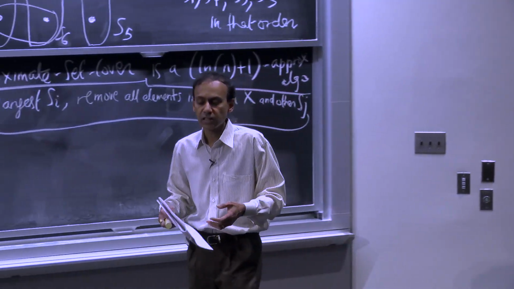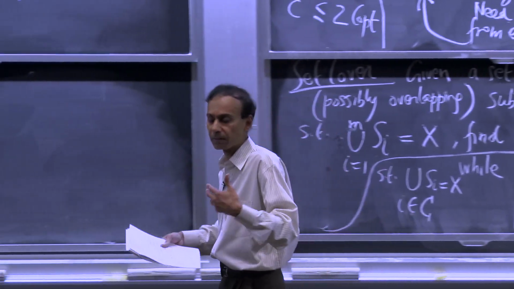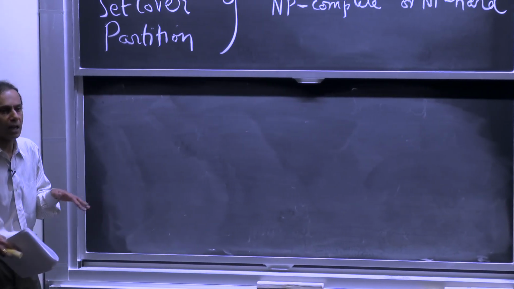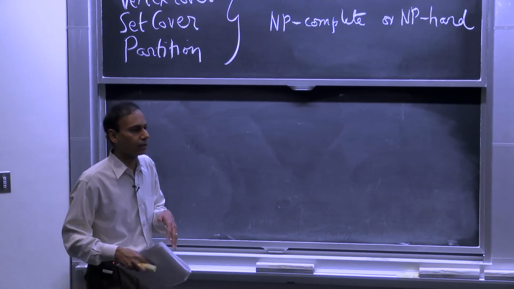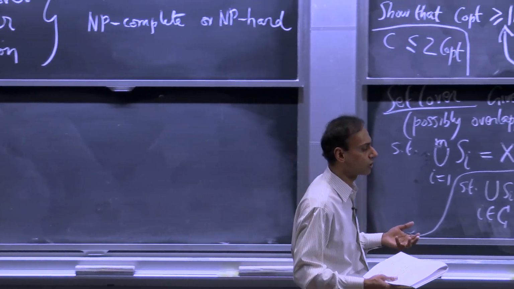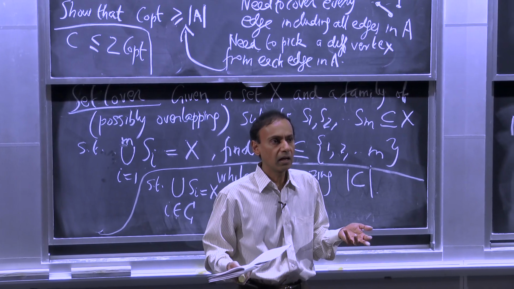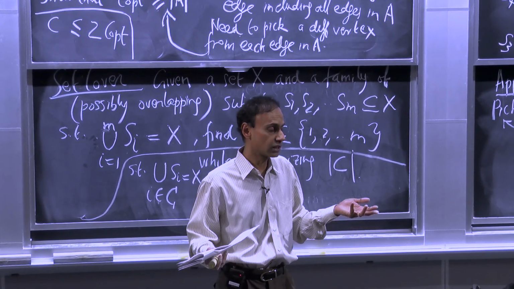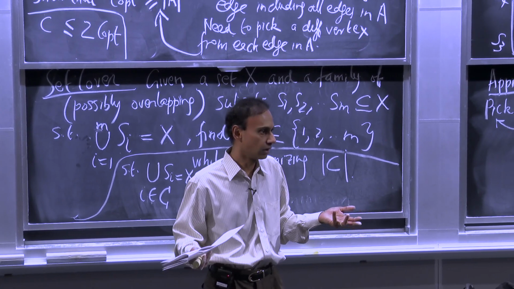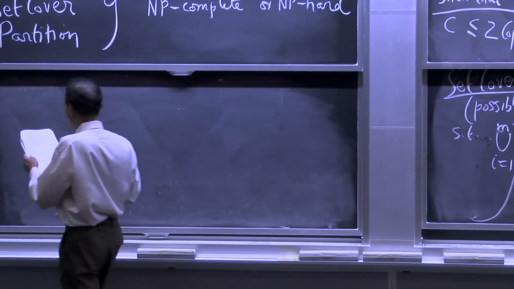So the big question is, as we go from the biggest problem that we have, the original problem, to smaller and smaller problems, when do we end up with nothing? When we end up with nothing, that's when the number of iterations that corresponds to the number of Sis that we picked is going to be the collection of Sis in our solution, and the cardinality of that is our cost, right? So that's all pretty straightforward, hopefully.